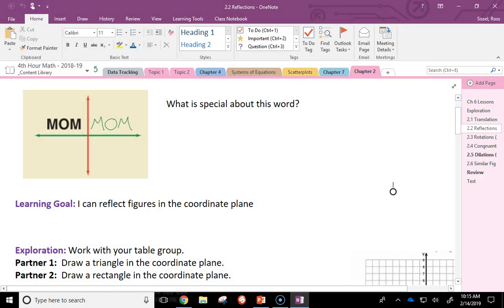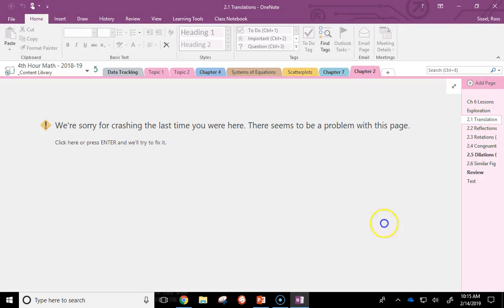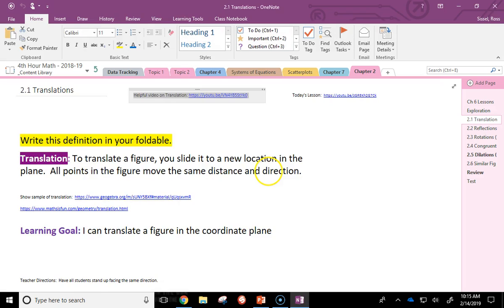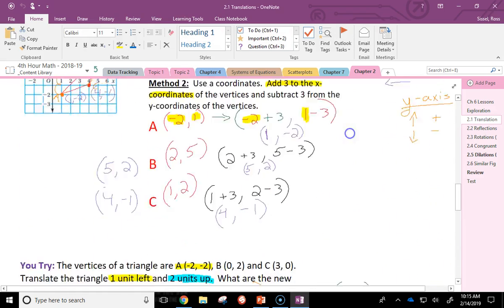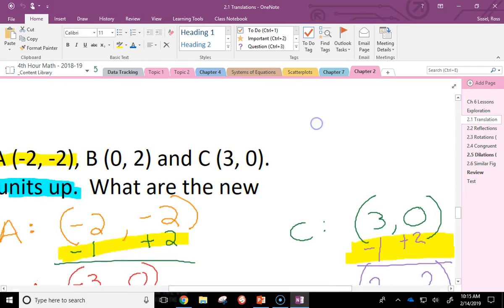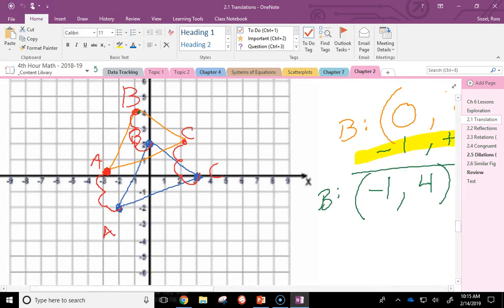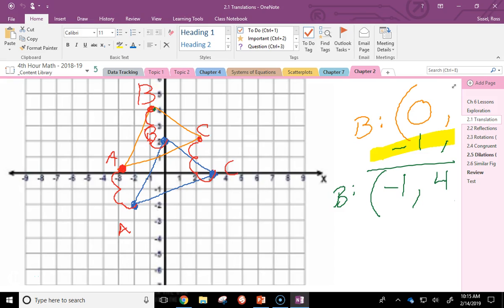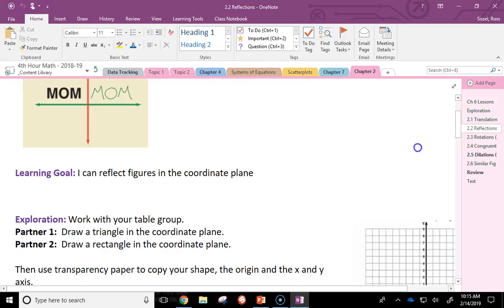Alright, so that's why, if we go back to this one, any of these that we graph, we always put their new coordinate points on there. That is going to be what helps tell us if it just slid or if it was reflected.